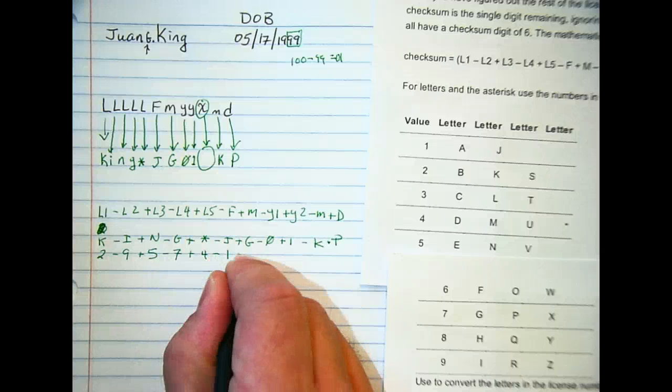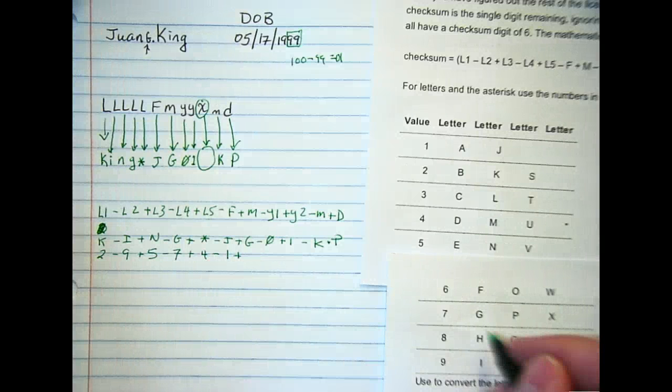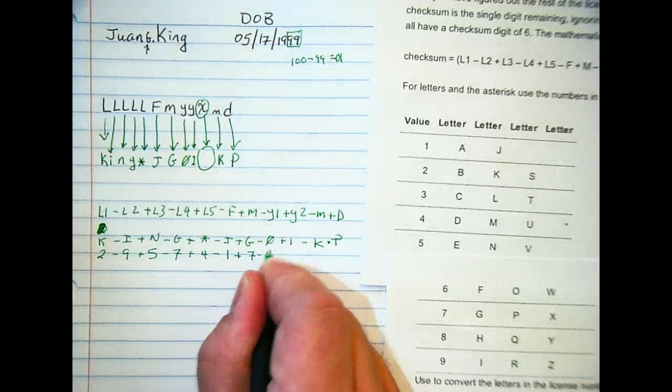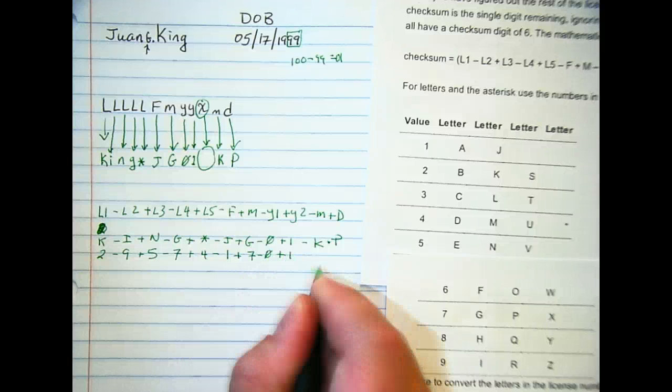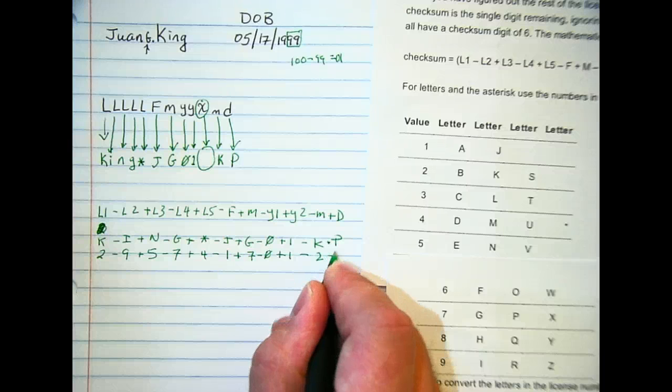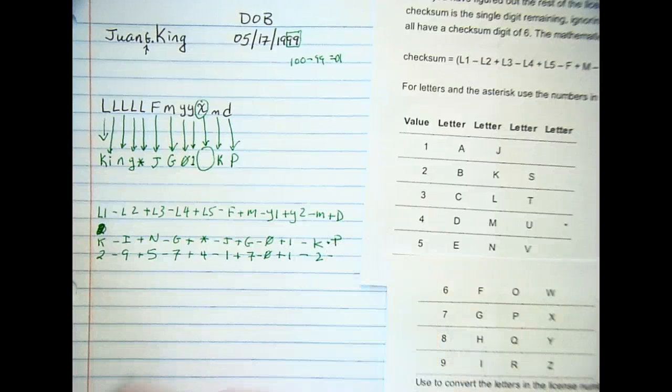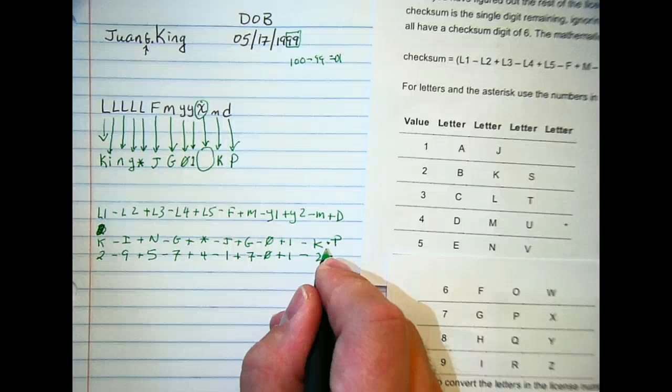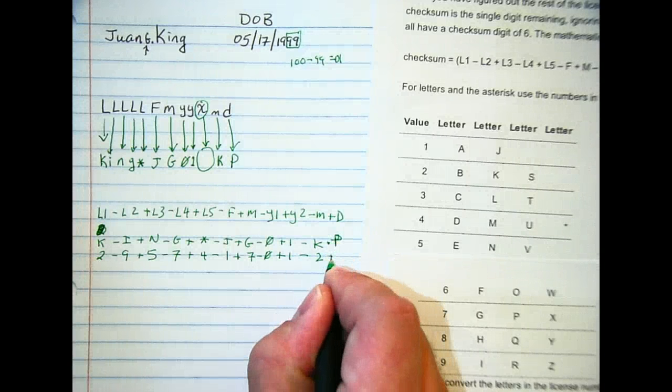Yeah. G 7. 7, then 0. 1. 0, 1, K is 2 again. Yeah. And is that a P? What do we have there? 7. P is 7. Okay, thank you.